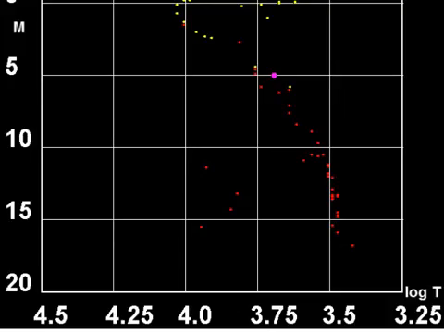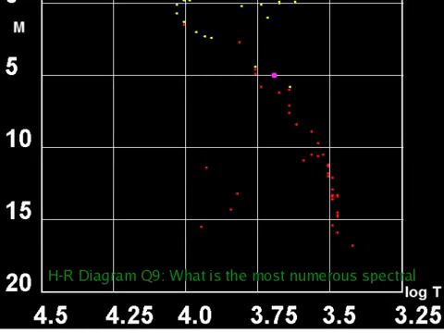Let's see, what was I going to say? Question 9. Okay, so HR diagram question 9. What is the most numerous spectral type among the nearest stars?